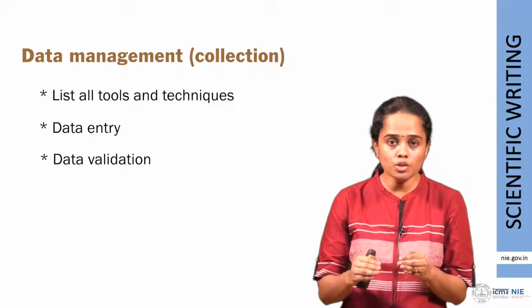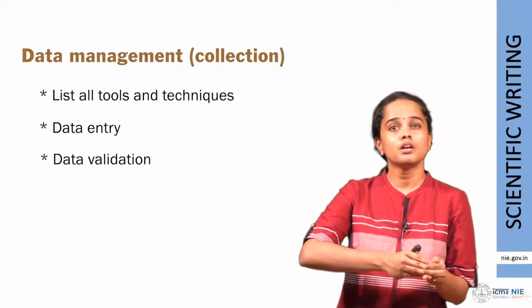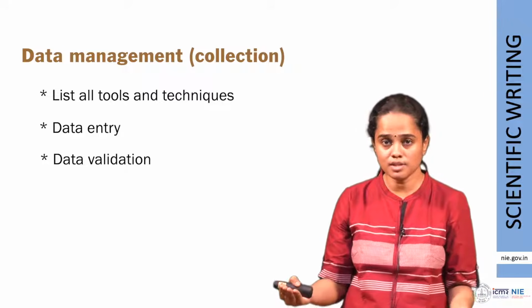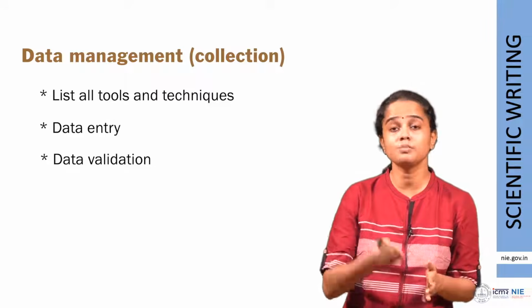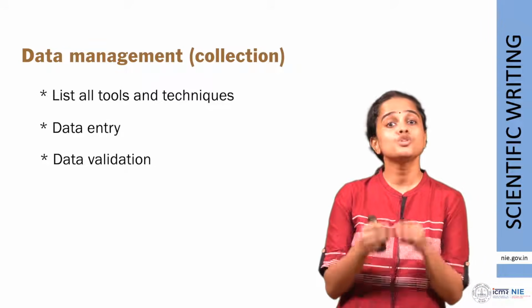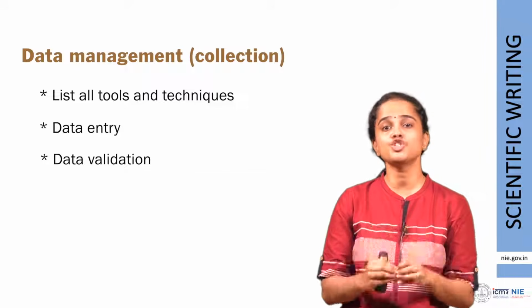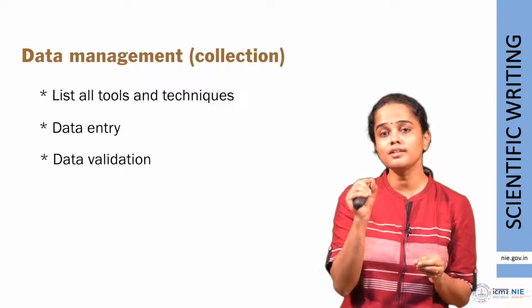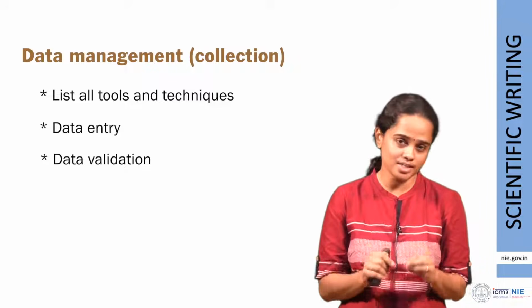If you give very poor quality, erroneous data, then the best that could happen is you come up with useless results, and the worst that can happen is you can end up harming people's lives by reporting wrong results. So we emphasize data entry and validation to ensure that the data is of good quality. So it is essential that you clearly specify what efforts you had taken to ensure data quality.